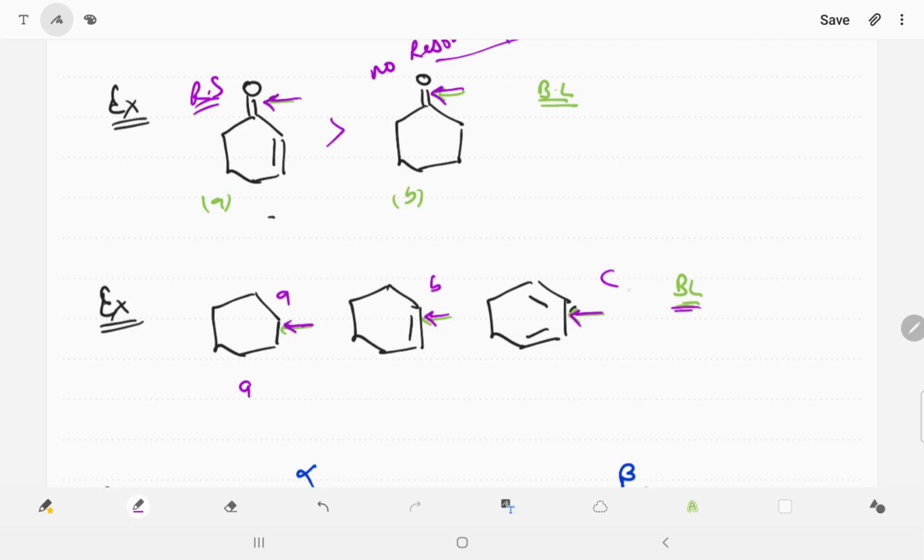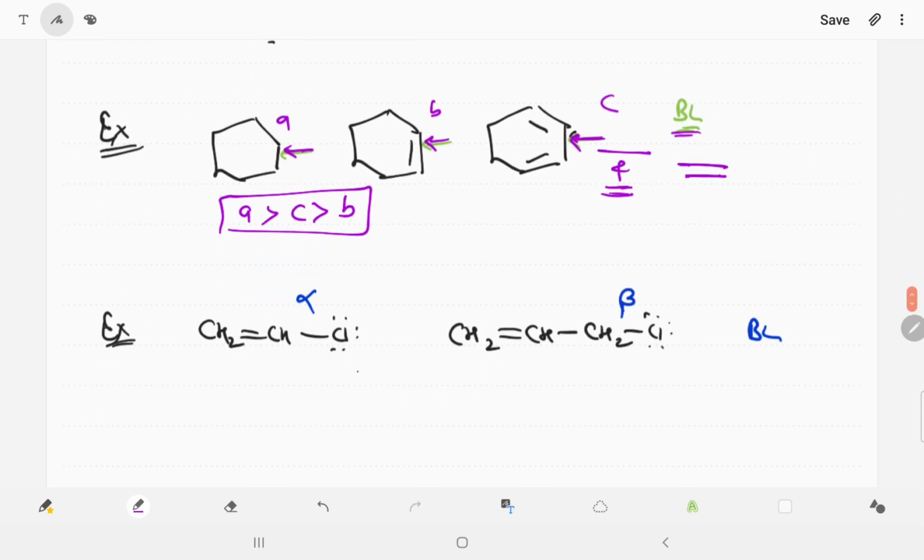But in compound C this bond is sometimes single and sometimes double, so its length is shorter than the single bond length and longer than the double bond length. So the order is A, then C, then B, because B is a fully double bond but C is not, because of resonance.